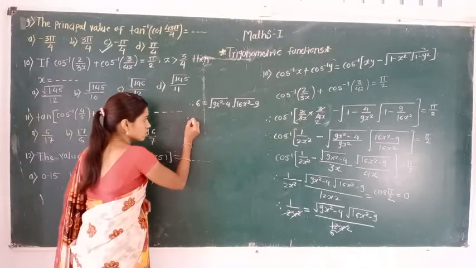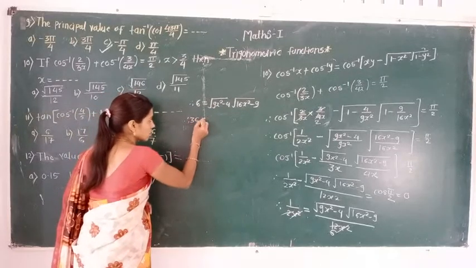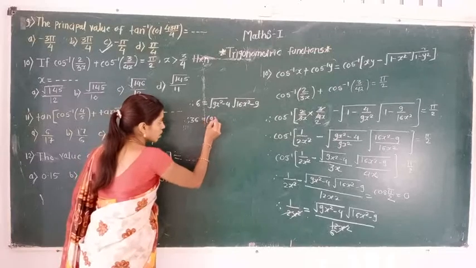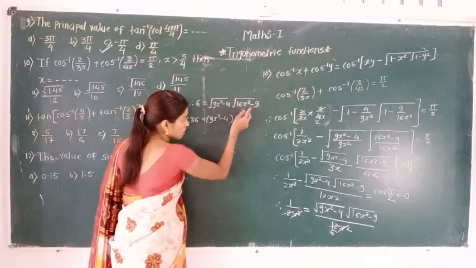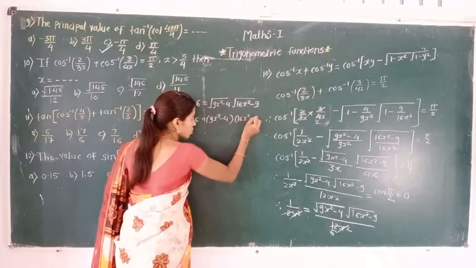On squaring both sides we get 6 square is 36, square of this term is 9x square minus 4, square of this bracket is 16x square minus 9.